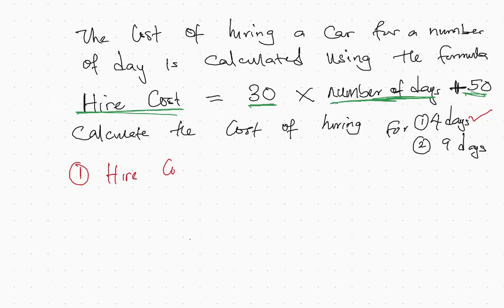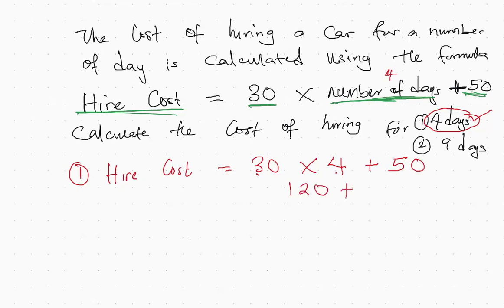Anywhere you see number of days, you put 4 there. 30 times 4, you can use a calculator, is 120, plus 50. That gives you 170. Okay, I will ask you to have a go. Try and work it out for 9 days. The way I did for 4 days, just change my 4 to your 9, then work it out.